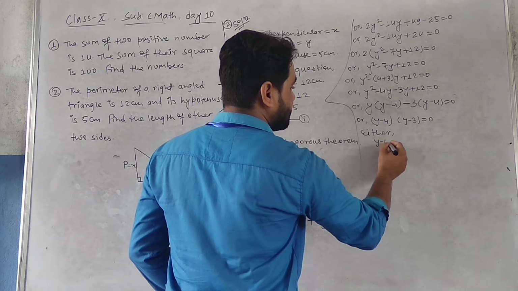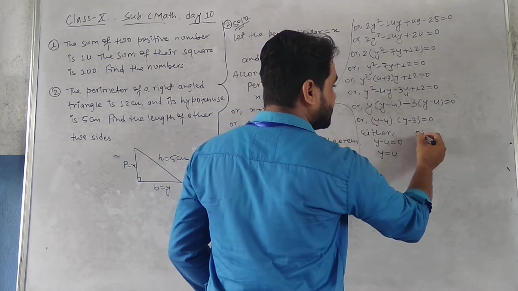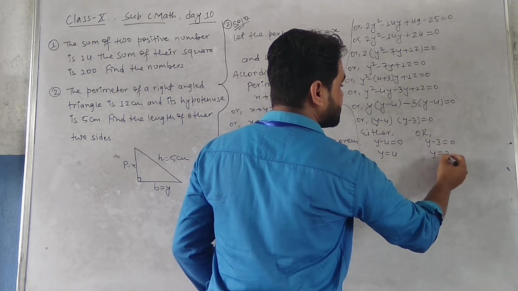Either y minus 4 equals 0, so y equals 4, or y minus 3 equals 0, so y equals 3.